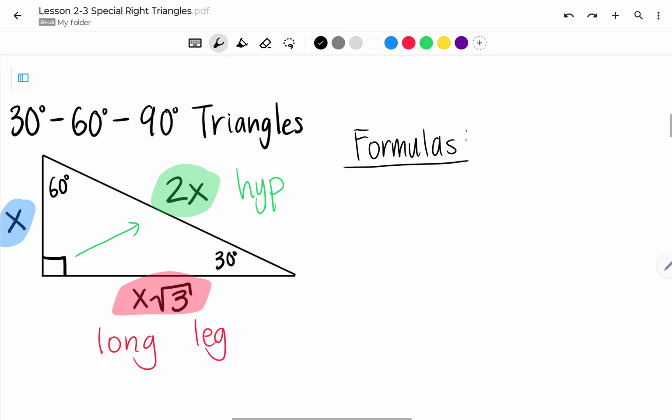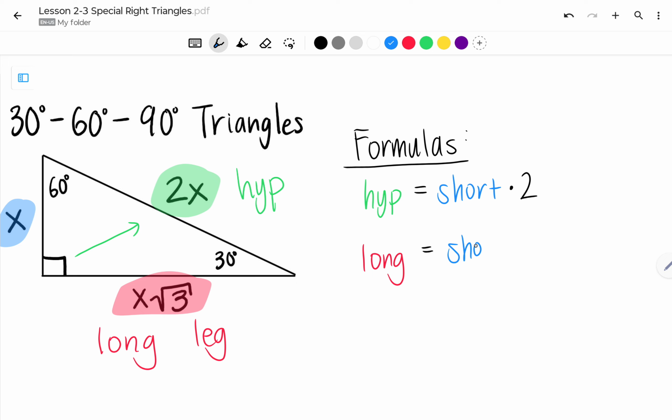The first one is whatever the hypotenuse side is, it's always equal to the short leg times 2. Whatever the long leg is, it's always equal to the short leg times square root 3.